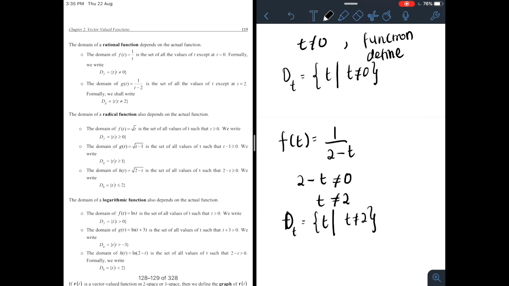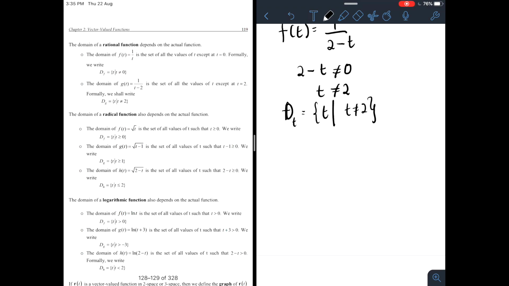It means that the domain of the function is every value of t except at t equal to 2.